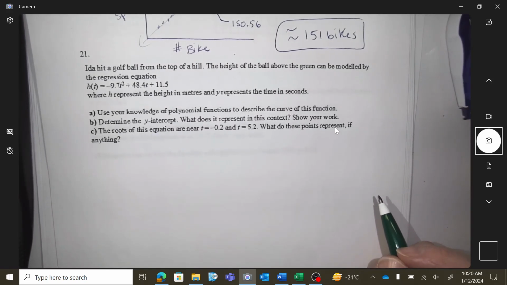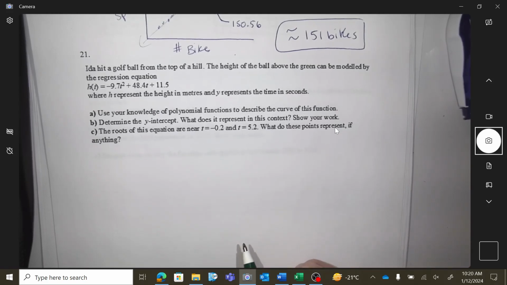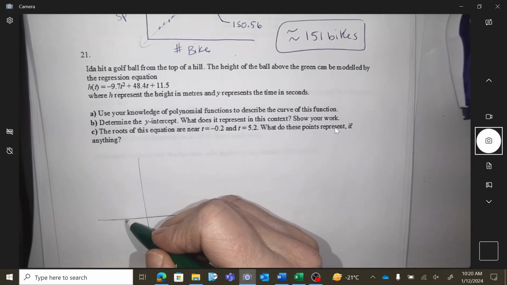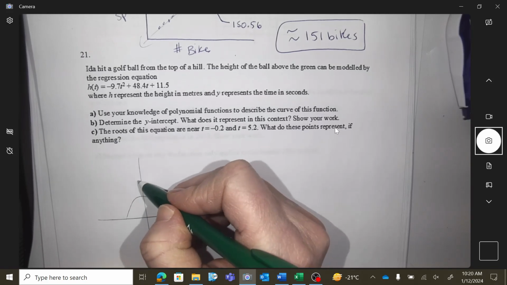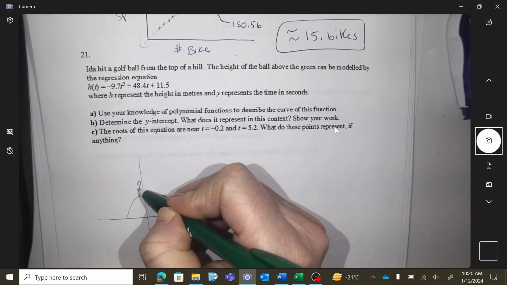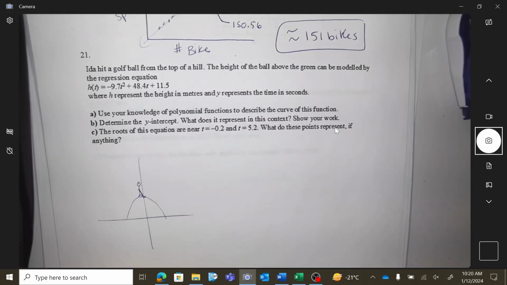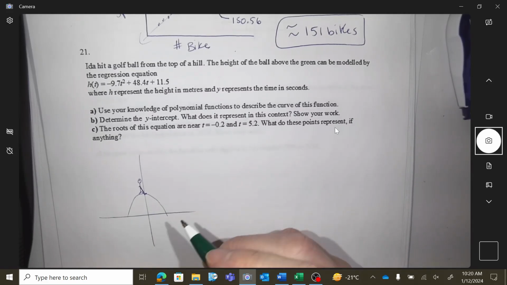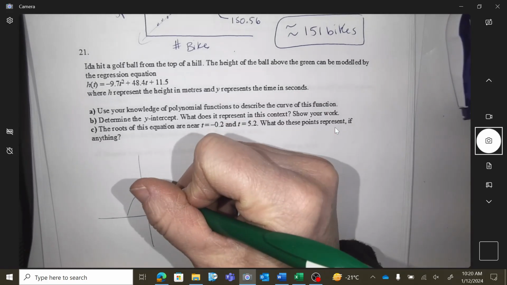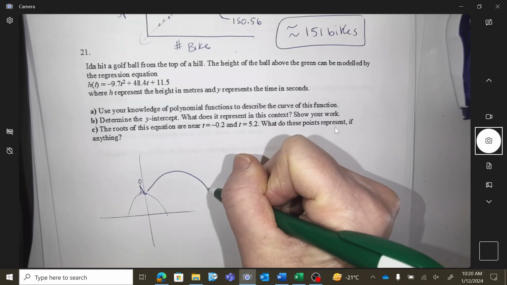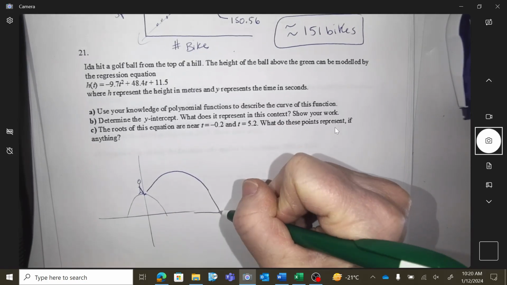Okay, Ida hit a golf ball from on top of a hill, and it was modeled by this equation. So can you visualize somebody hitting a golf ball from the top of a hill? Okay, so they're on a hill, they hit a golf ball. What would a golf ball do? It would travel up, and then eventually what would it do?